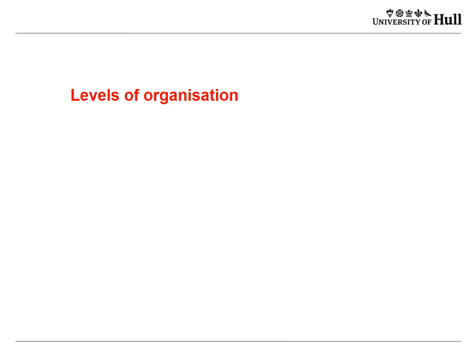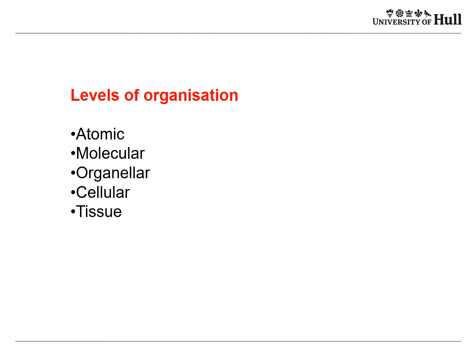Now, the levels of organisation of the body. Starting at the chemical level, we have the atomic level, then the molecular level, then the organellar level, and then the cellular level. Then tissues, which are composed of cells, organs, which are composed of tissues, and systems, which are composed of organs, and finally a whole organism, which is composed of the systems.